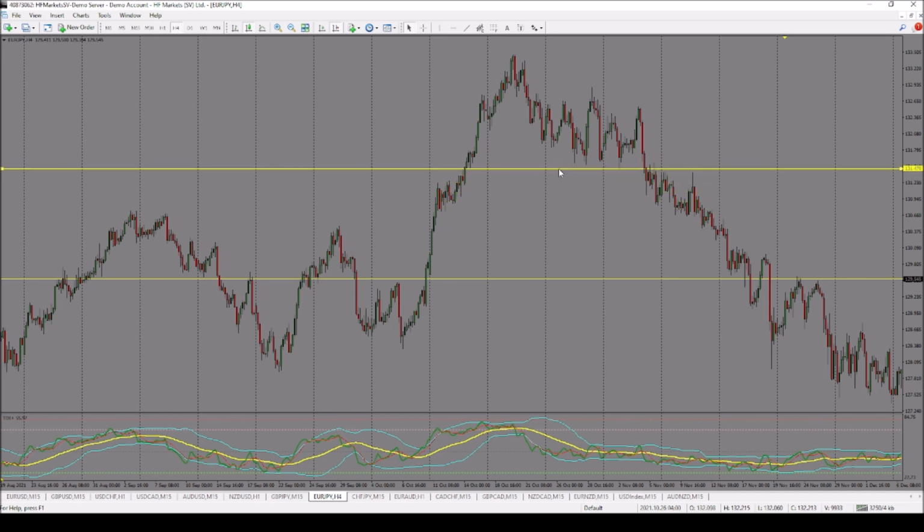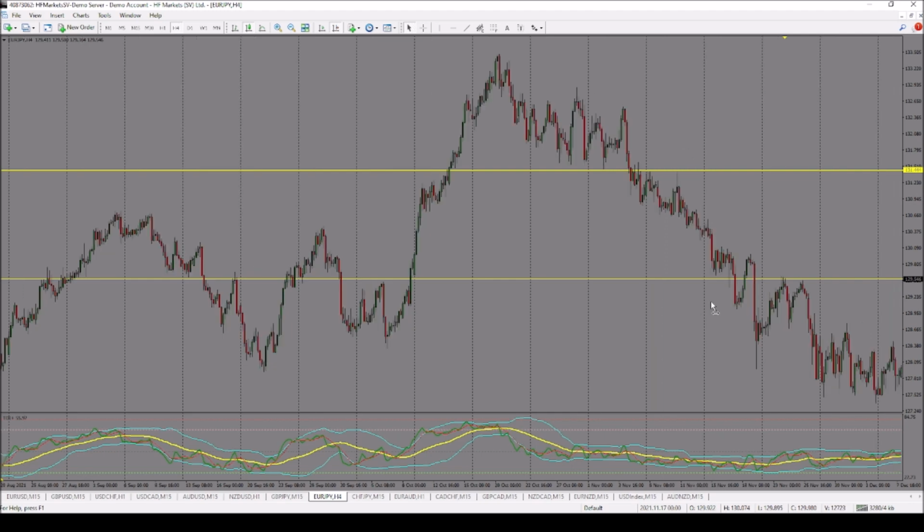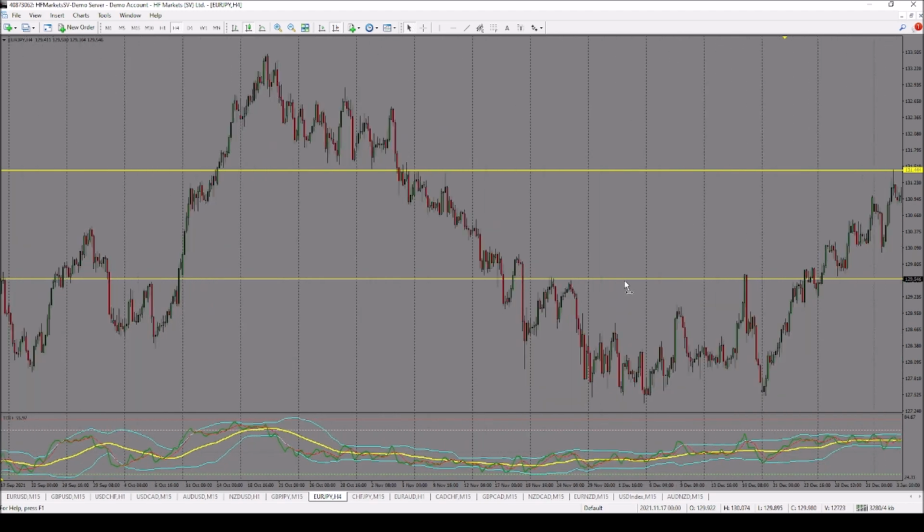This was the lowest point of the market, and after that we can see that the market broke that zone. After breaking that zone, we came back to retest, and at the retest point is where we entered the market. From this point, we had a potential 100 pips to be gained.